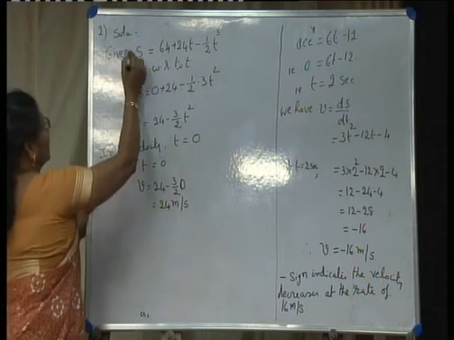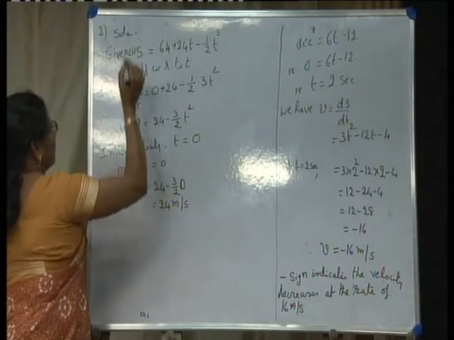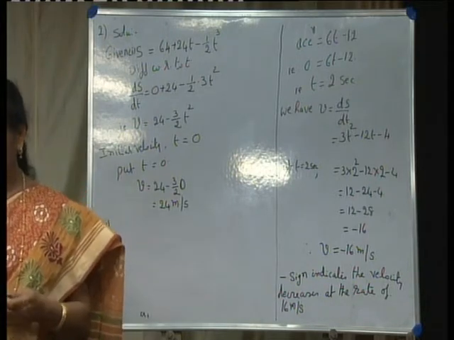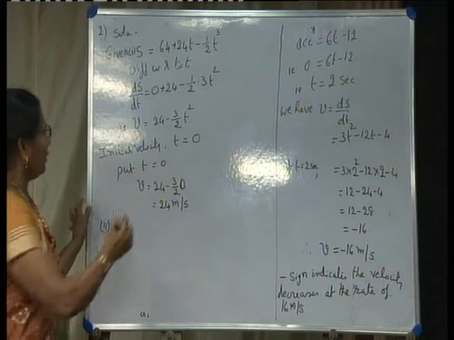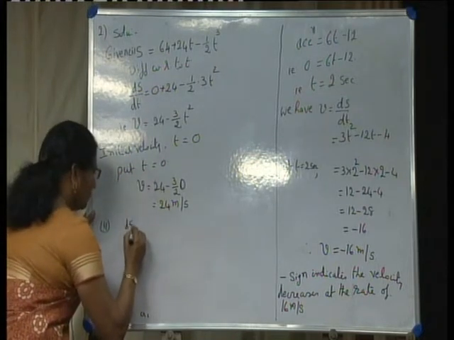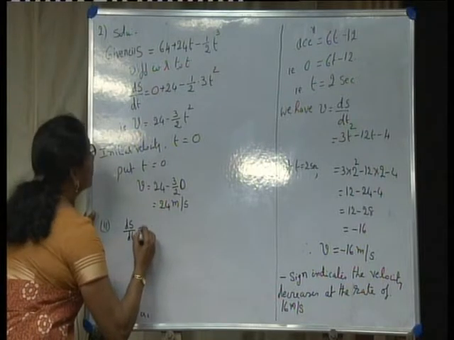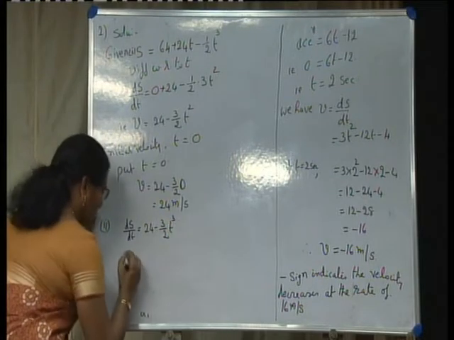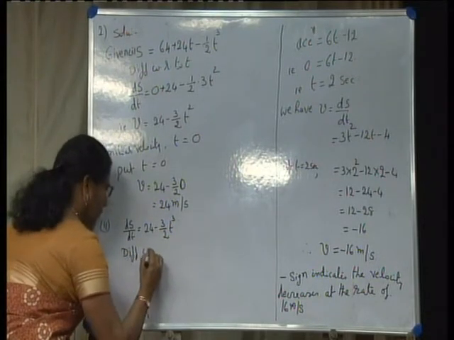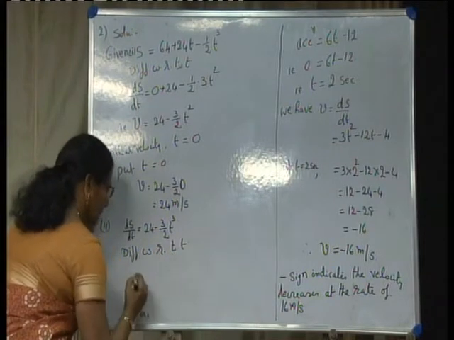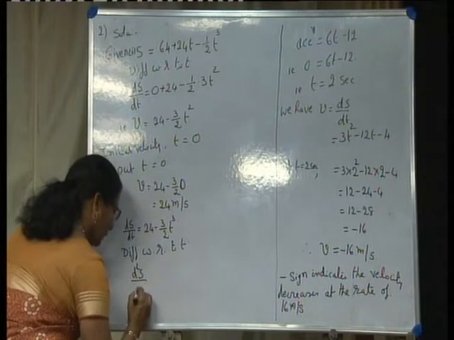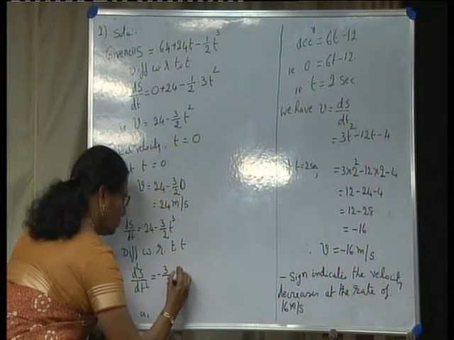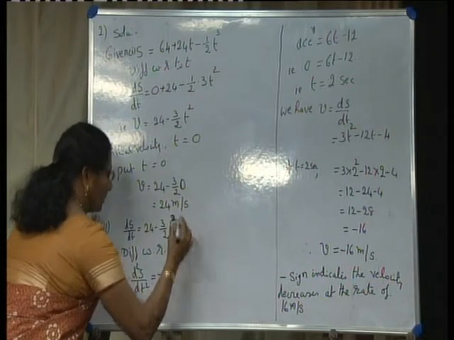For the second bit, the second one is velocity and acceleration after 2 seconds. Velocity we have already found: ds by dt is equal to 24 minus 3 by 2 t squared. Differentiate with respect to t: d squared s by dt squared is equal to minus 3 by 2 into 2t.